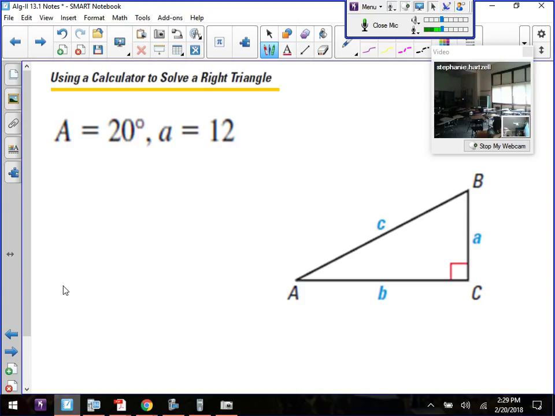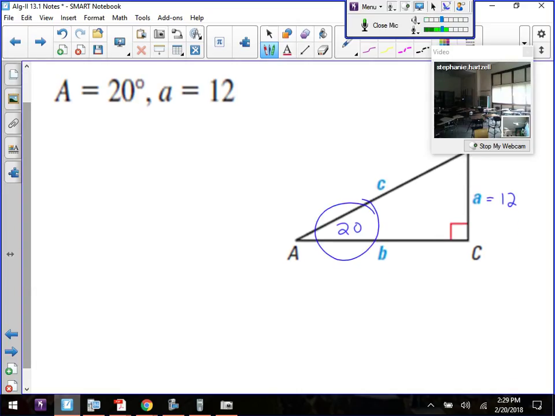So in this one, if I fill in my blanks, angle A is 20, little a is 12. Remember, big letters are always angles, little letters are always the sides opposite. Do you guys remember that? So when I start solving, I circle my angle, I draw my opposite, label my hypotenuse.